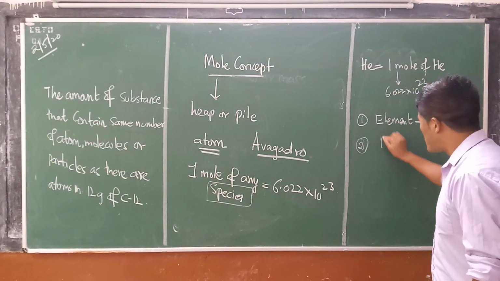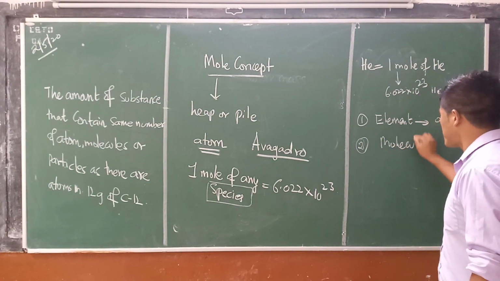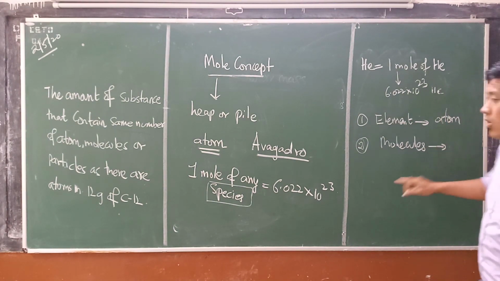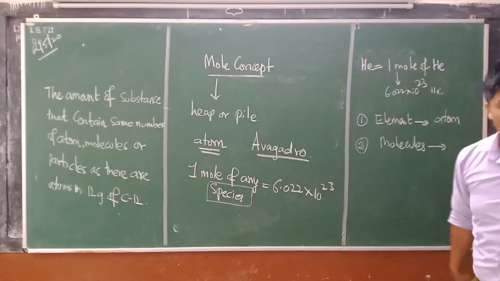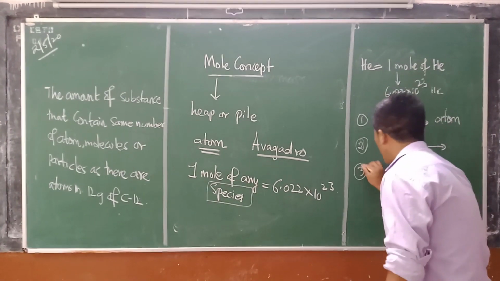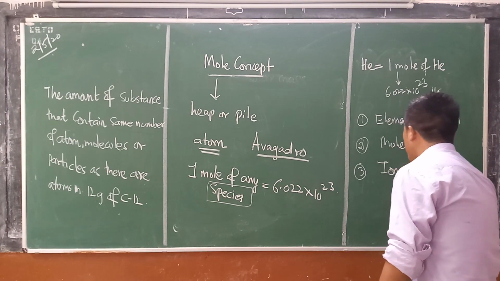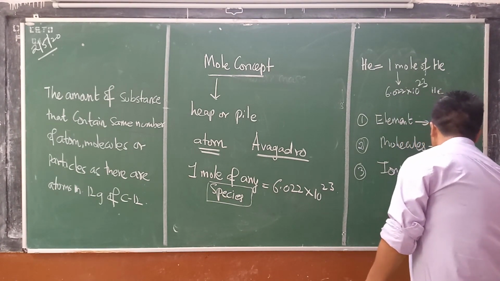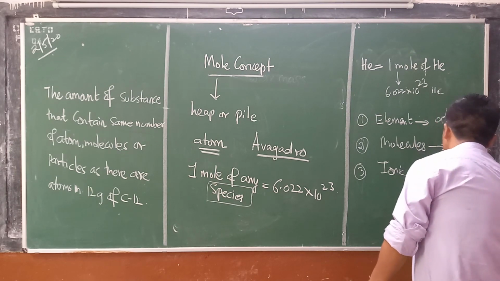Secondly, when we talk in terms of molecules, we use the word molecules, like 1 mole of oxygen molecules, 1 mole of water molecules. Number 3, we talk in terms of ionic compounds, which could be ions.